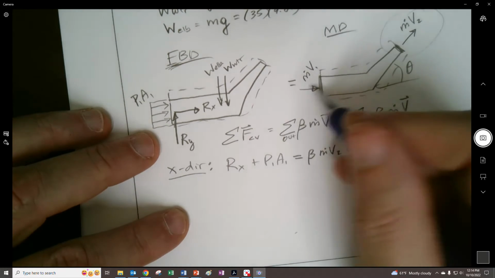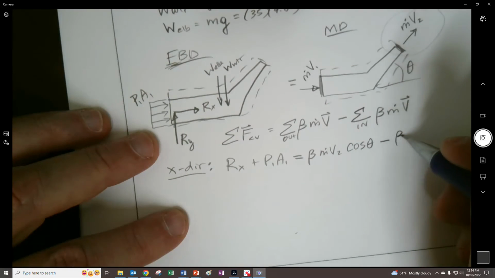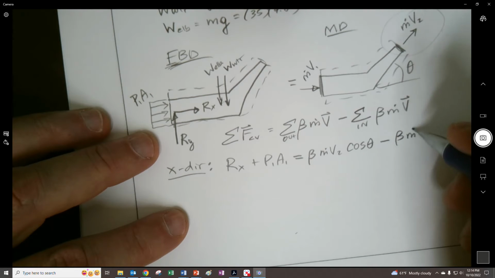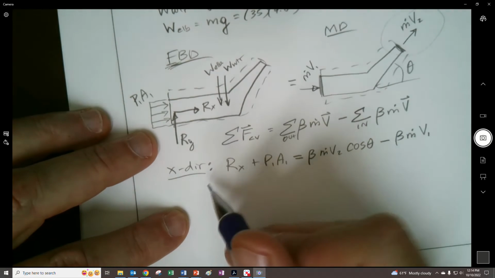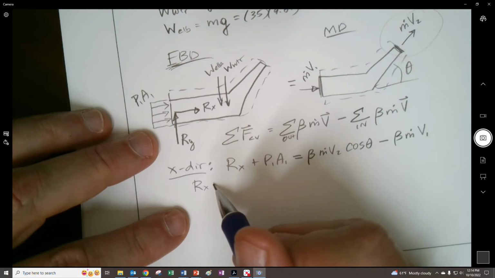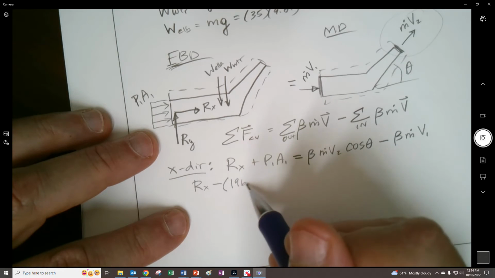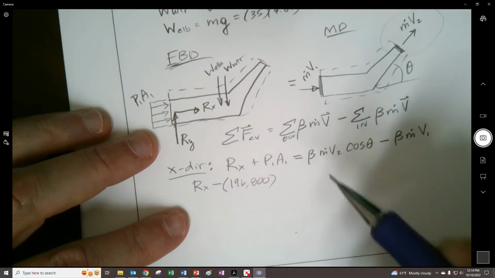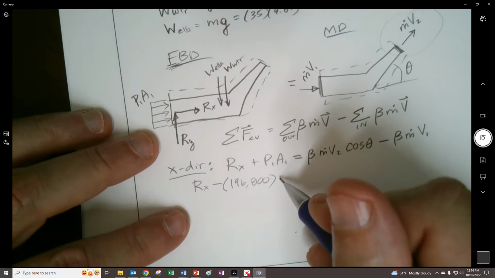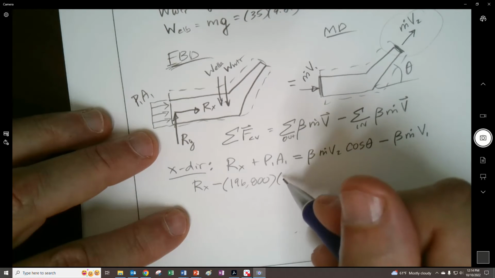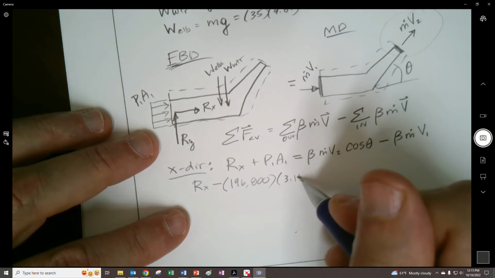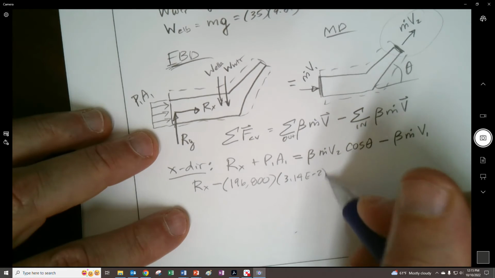And now we're going to have the entrance into here, so we're going to have our beta times our m dot times V1. So let's put our values in here. The pressure is 196,800, and the area was 3.14 E minus 2.